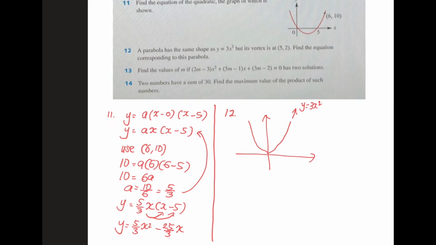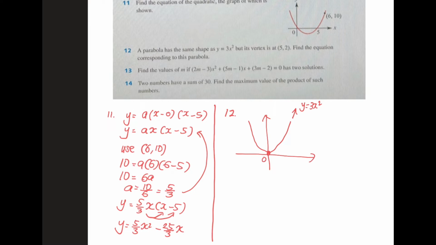Okay, now they said we have another parabola with the same shape, and its vertex is at 5, 2. So the vertex means the minimum point. So for y equal to 3x squared, the vertex is at origin. But now the vertex is at 5, 2.